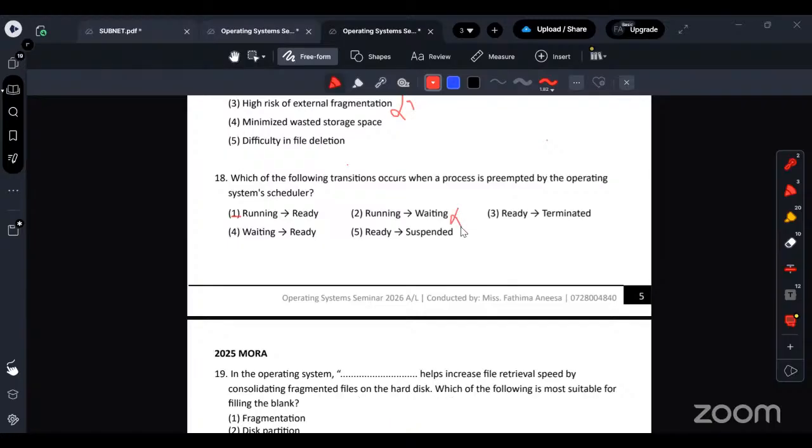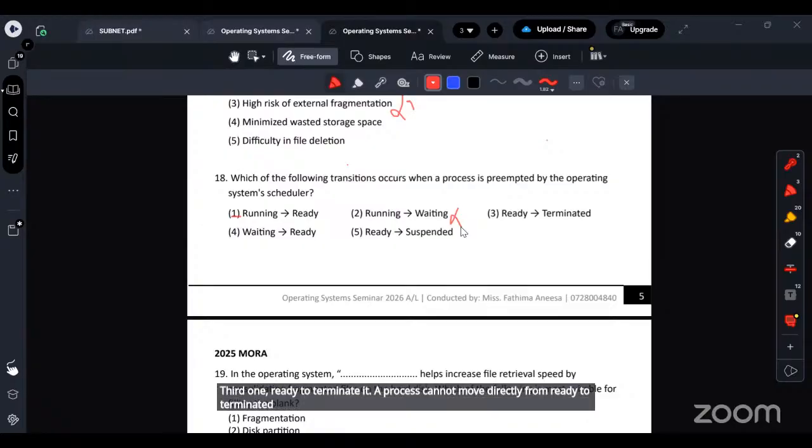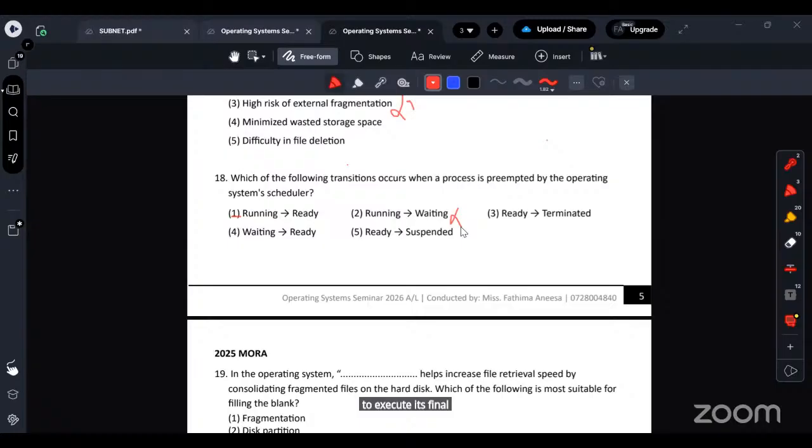Third one, ready to terminated. A process cannot move directly from ready to terminated. It must be in running state to execute its final instruction or to be eliminated by the operating system. I hope that was clear.